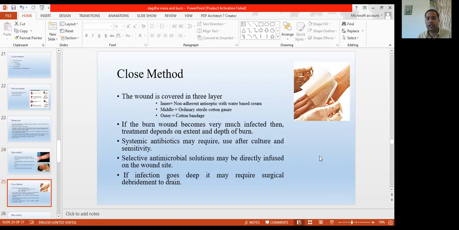And in the closed method, we close the wound and cover it with three-layer dressings: inner layer, middle layer, and outer layer.